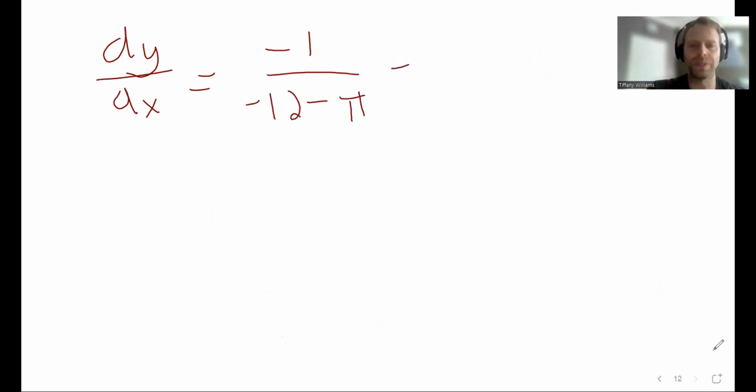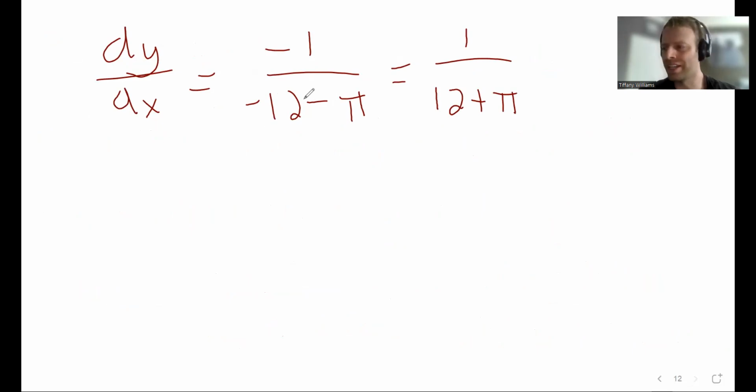So to make this look a little bit nicer, I notice that all of my terms are negative, the numerator and the denominator. So if I have a negative 1 up top, if I factor out a negative from the bottom, then the negatives cancel, and actually I can make everything positive. Okay. So I'm going to have 1 over 6 plus pi. That's going to be my slope. I know it's not ideal, but we're going to go with it. Okay. So sometimes that happens.